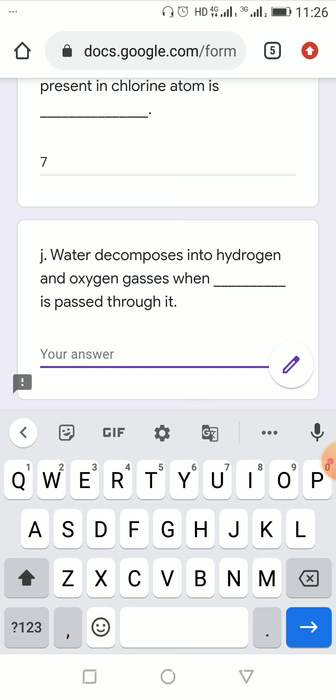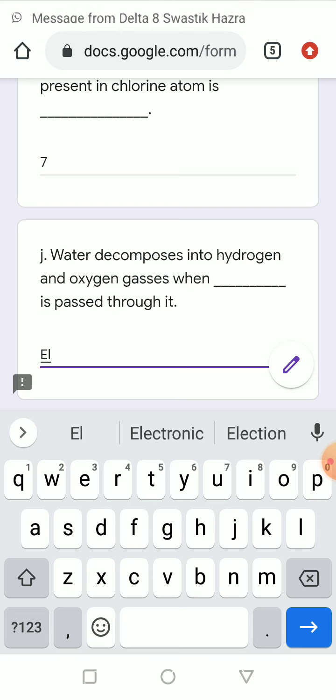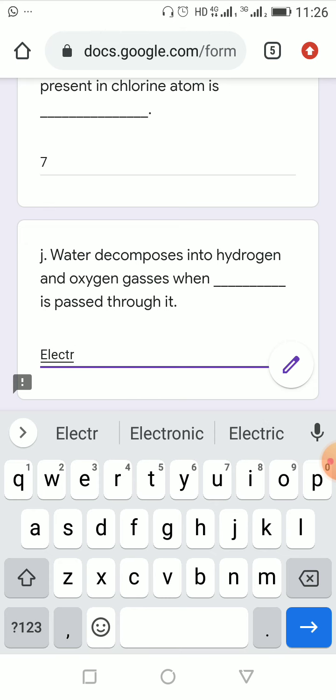So this will be electricity or electric current. Electric current is passed through it.